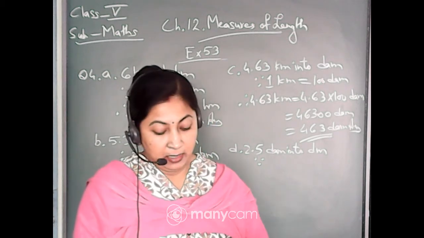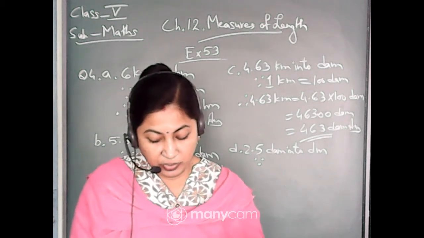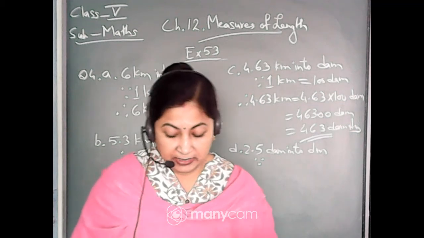So decameter, meter, decimeter, that means 2 units, so it will be 100. So 1 decameter is equal to 100 decimeter.